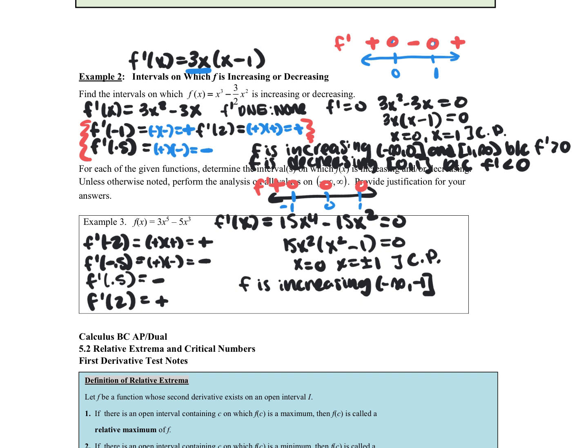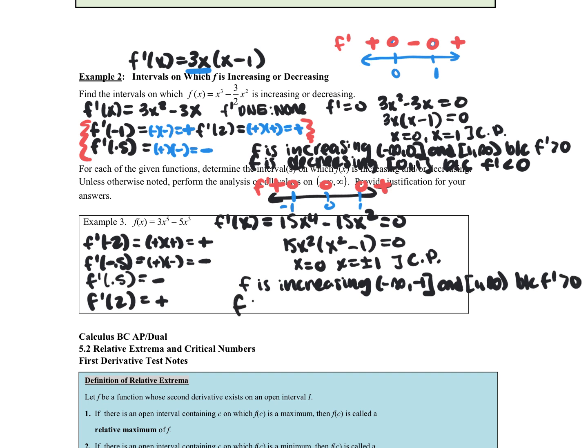Where else did we get a positive? When we plugged in 2, right? So starting at 1, it's going to be positive, right? And it's never going to change back to a negative because we found there's only zeros, right? And our justification is because f prime is positive.